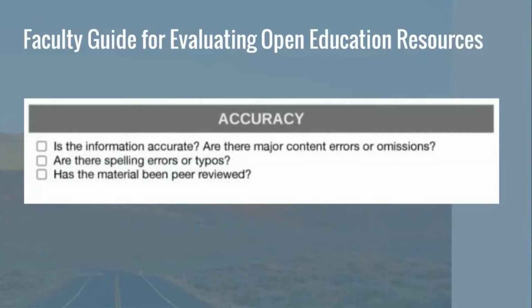The second criteria is accuracy. Under this, you have to test the accuracy of the resource and check whether the information given in the resource is accurate and error-free, and whether the material has been peer-reviewed.